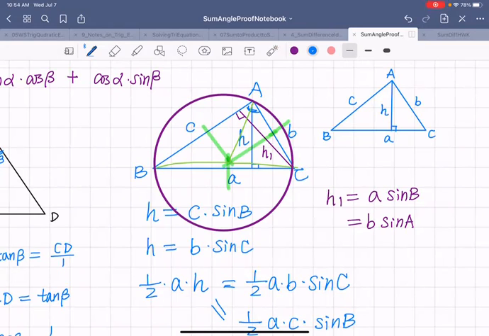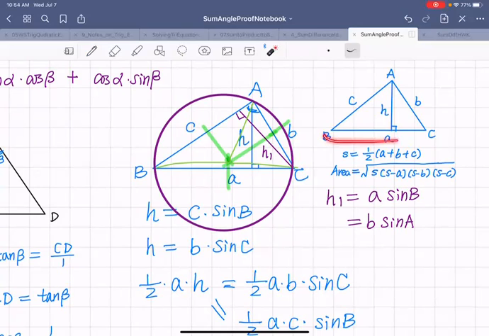You let S equal 1/2 times A plus B plus C, and your area is going to equal the square root of S times S minus A times S minus B times S minus C. So there are 3 types of area formula: base times height times 1/2, two sides times the sine of the angle between them divided by 2, or Heron's formula.